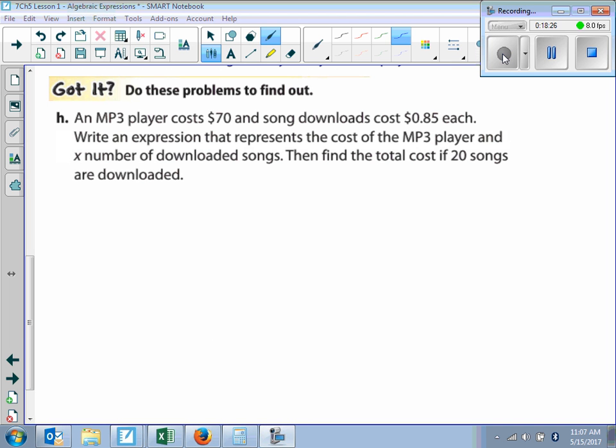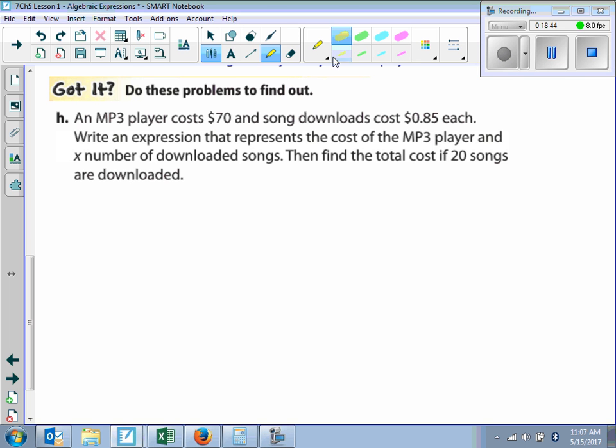So an MP3 player costs $70 and song downloads cost 85 cents each. Write an expression that represents the cost of the MP3 player and the number of downloaded songs. Then find the total cost if 20 songs are downloaded.